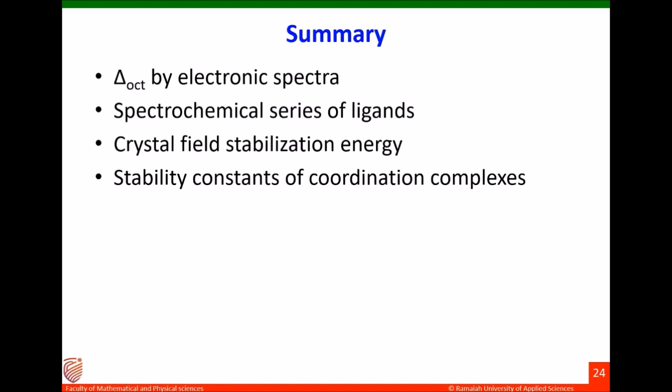Then we studied the stability constant of coordination complexes, and we derived an equation for the overall stability constant beta 6, and we studied the relationship between the stepwise stability constant and the overall stability constant.